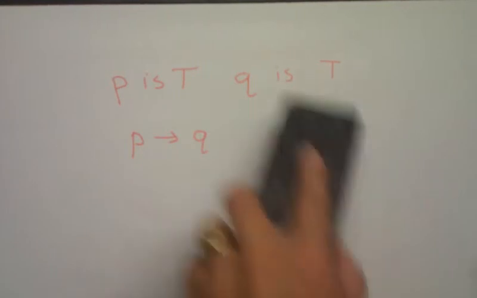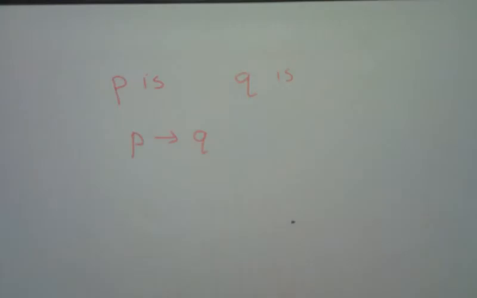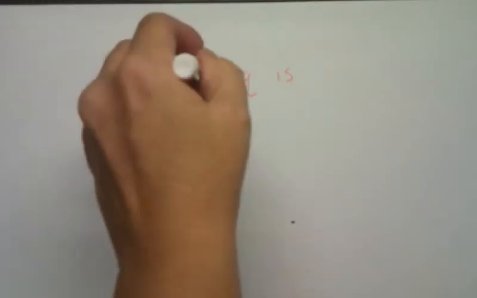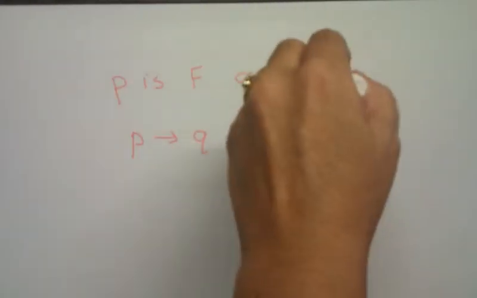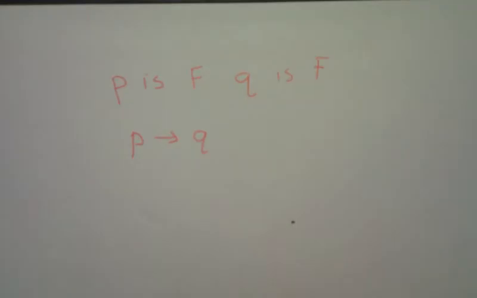What if P is false and Q is false? What is the conditional? Okay, you should have put true. The conditional is still going to be true.